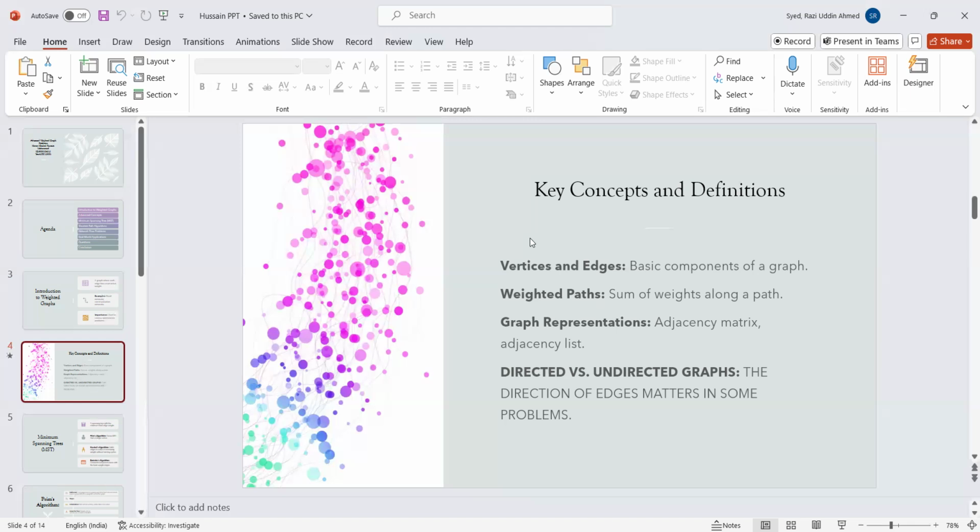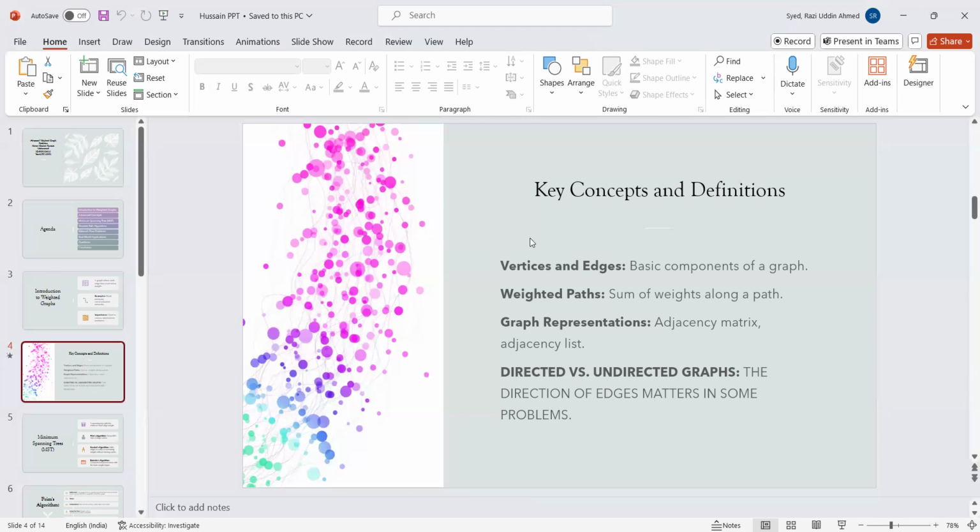And the graph representation. The graph representation can be an adjacency matrix, which is a 2D array where each element ij represents the weight of the edge from vertex i to vertex j. And the adjacency list is a list where each vertex has a sublist of edges, with each edge represented by the adjacent vertex and the weight.